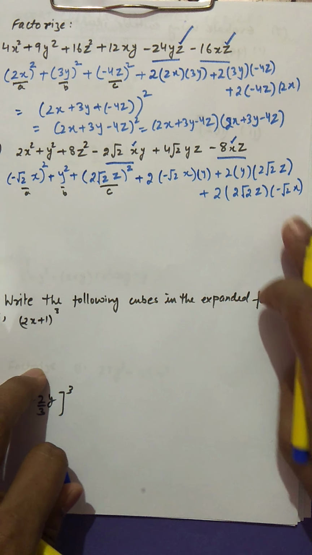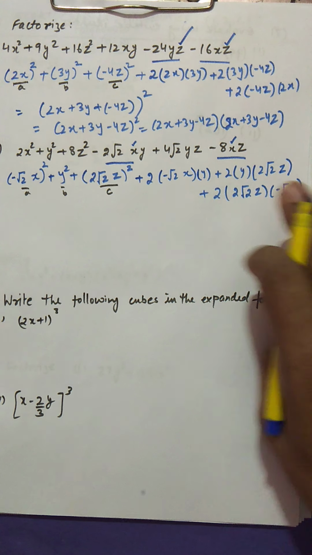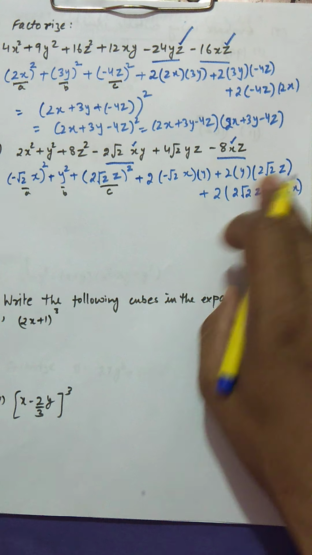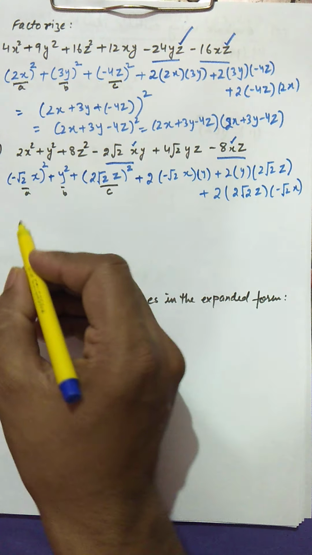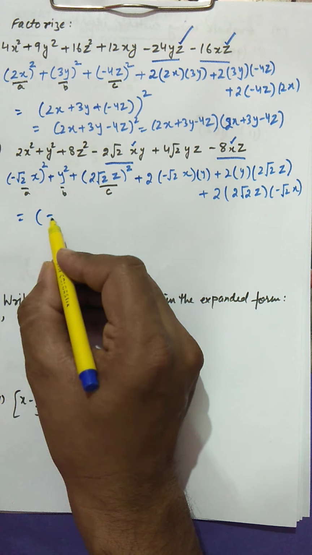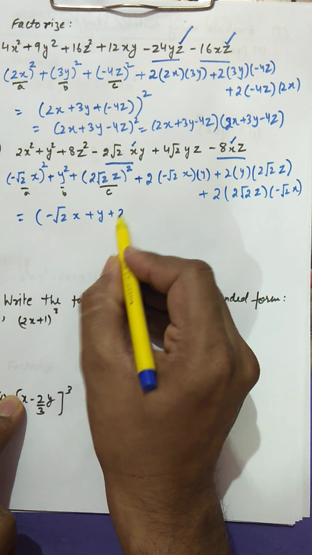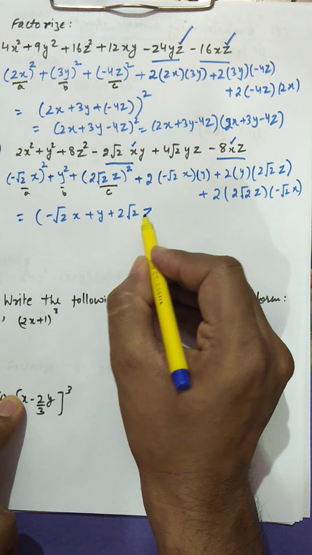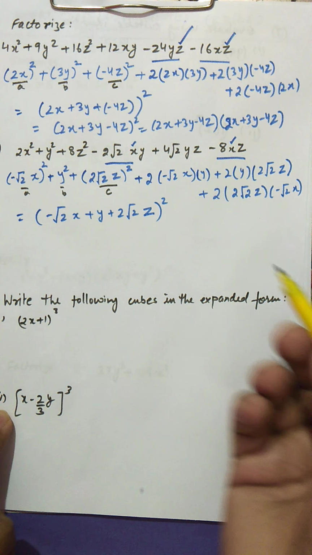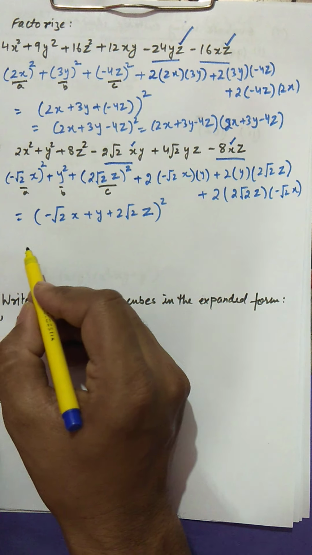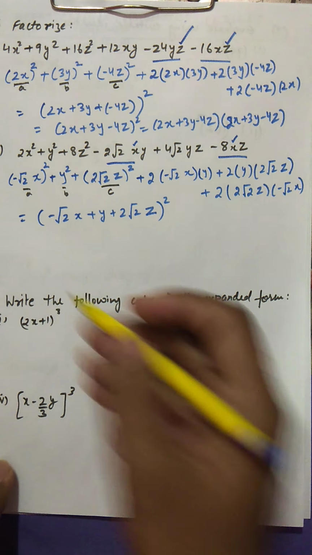So after writing this, now you have a square, b square, c square plus 2ab, 2bc and 2ca. So this can be further written as minus root 2 x plus y plus 2 root 2 z whole square. Simply you have to just find the value of a, b, c, and the rest you can use the identity.